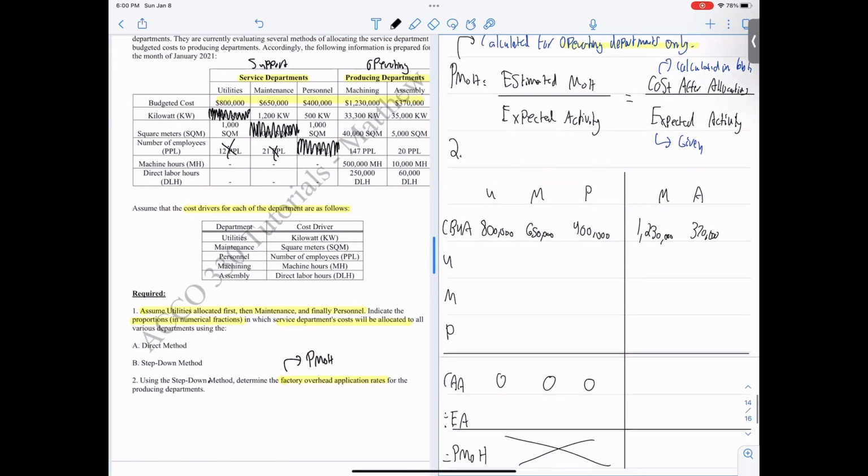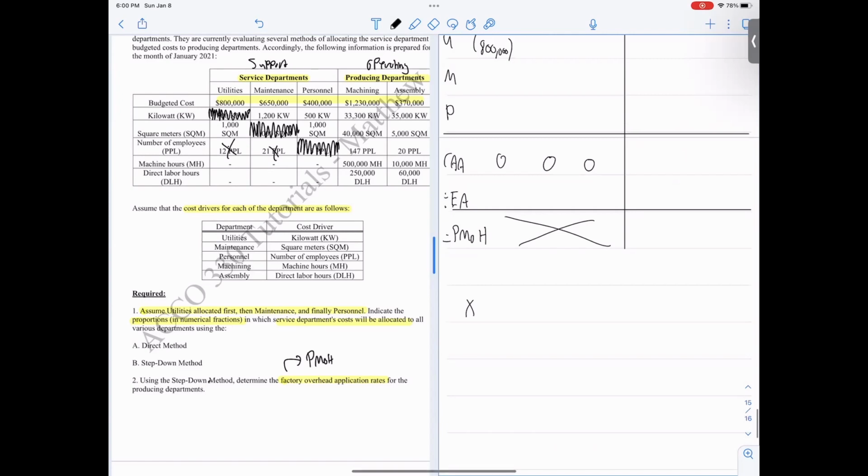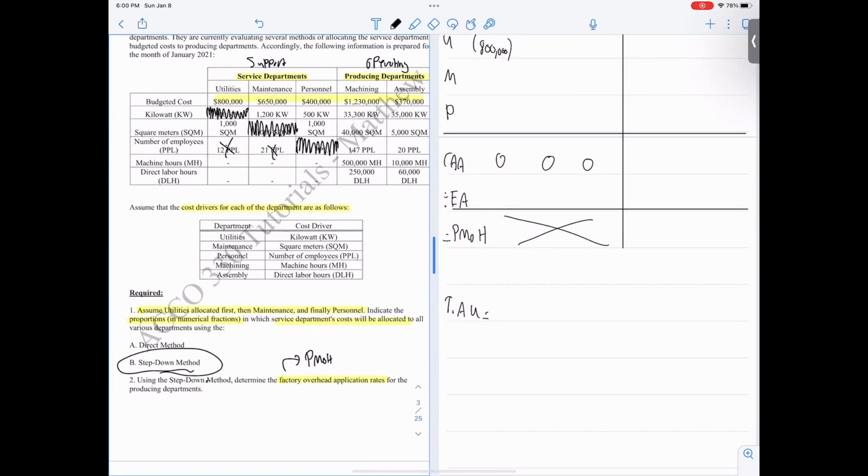Okay, so guys, let's start allocating left to right. Utilities is going to be the first to allocate their 800,000. Now, guys, normally we'd build the allocation schedule here, right? I'm going to tell you guys this was also a past midterm question, okay? Maybe some of you are inclined for utilities to build your total allocation schedule again, right? I say the word again on purpose because you did your allocation schedule in the previous required for the step down.